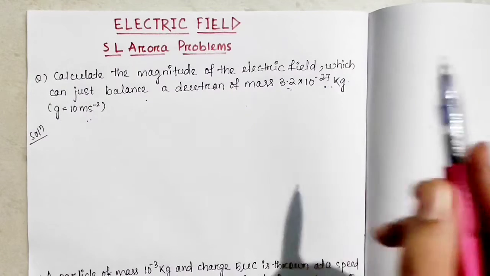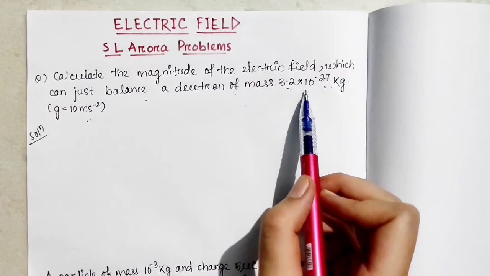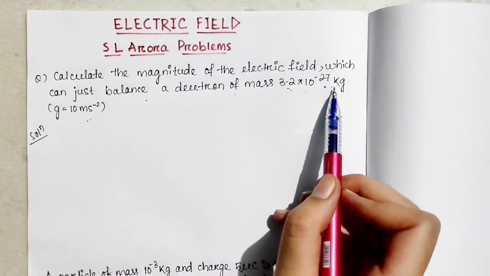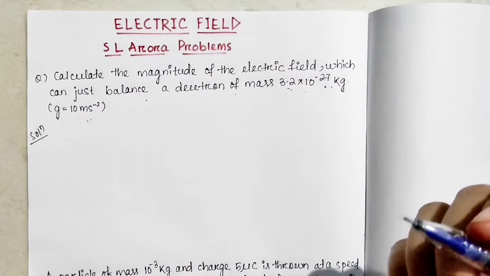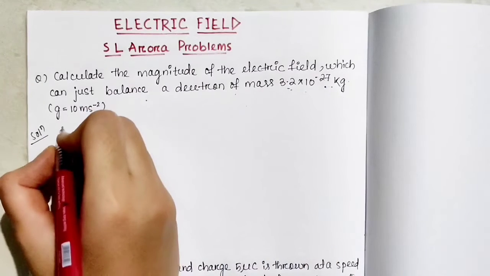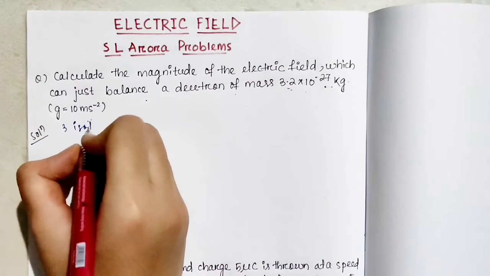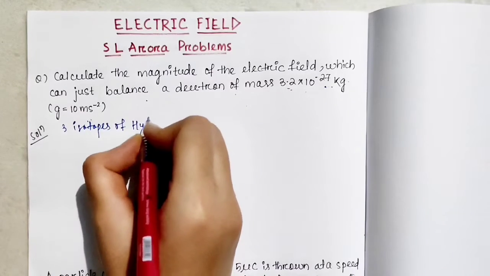So let's do it. The mass of the deuteron is given as 3.2 × 10^-27 kg. Let's see what a deuteron is first. As we know, there are three isotopes of the hydrogen atom.